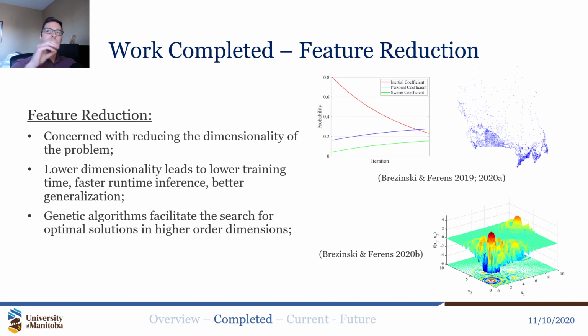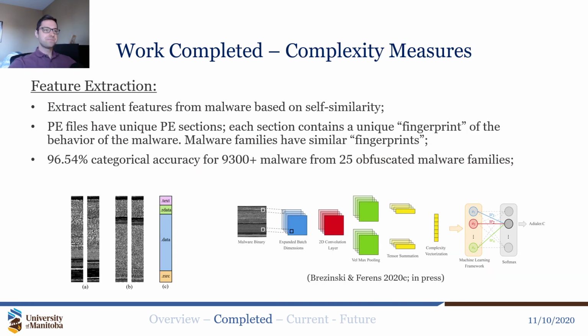So what we want to do is search in space for what's relevant and what's not. And genetic algorithms have allowed us to do this, and we showed with a series of papers that we're able to do that. Again, searching in a solution space and finding optimal arrangements of features, or optimal choices of features over others. So that was feature extraction, or feature reduction.